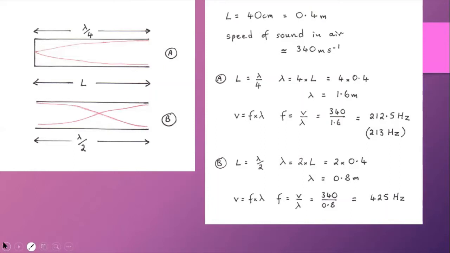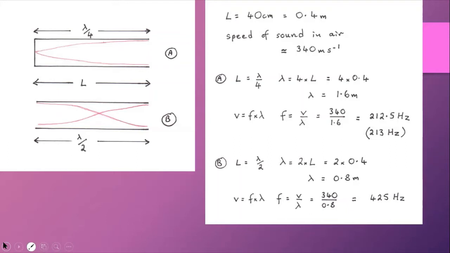Now, let's look at the right-hand side. Let's suppose that tube is 0.4 meters long. Let's suppose that the speed of sound in air is 340 meters per second. Now, for A, L equals lambda over 4. So lambda is 4 times L. So lambda is 4 times 0.4, which is 1.6 meters.